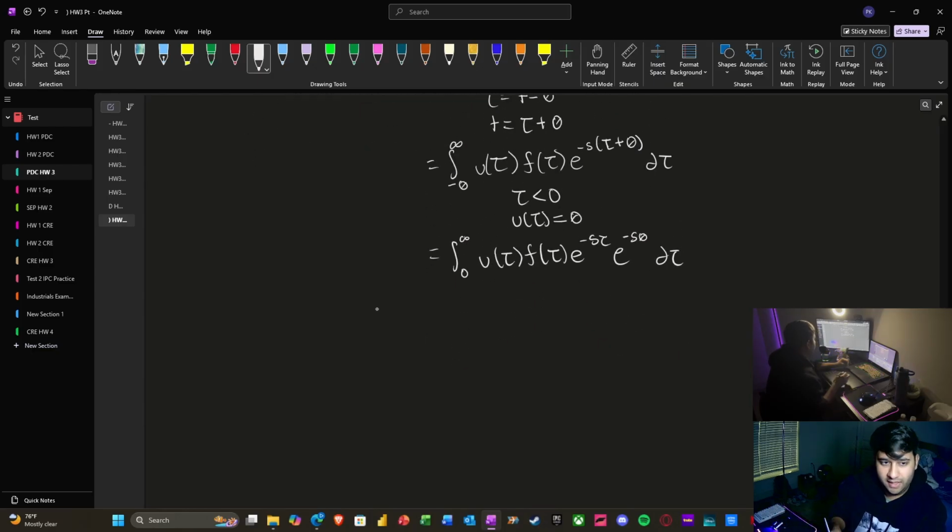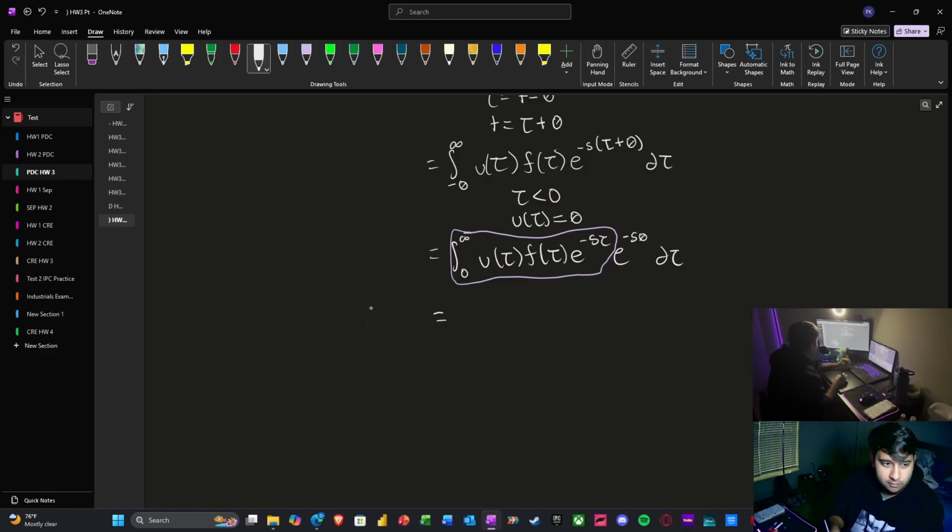Then we can take the Laplace transform, and this section right here basically cancels out, and we can use this as our f function.